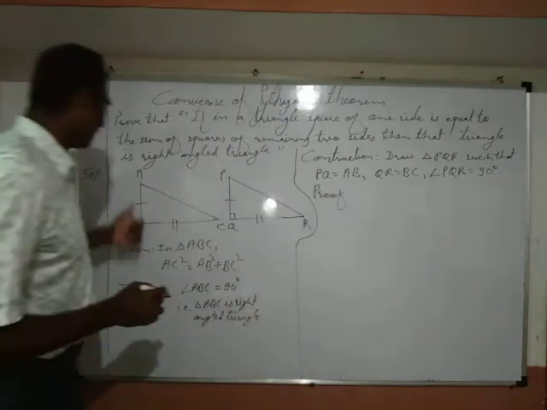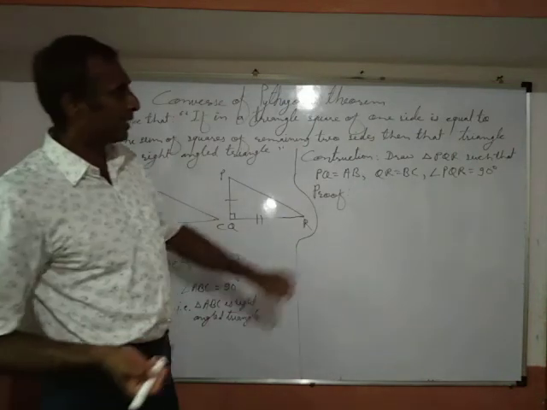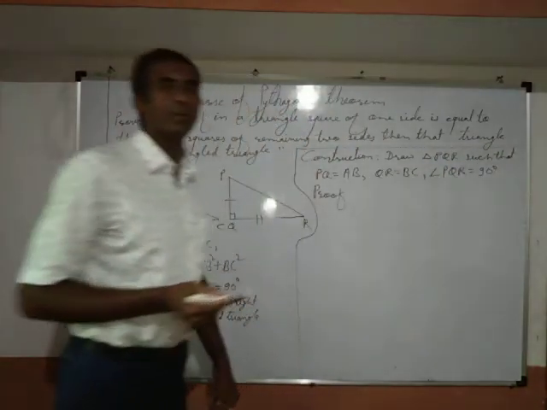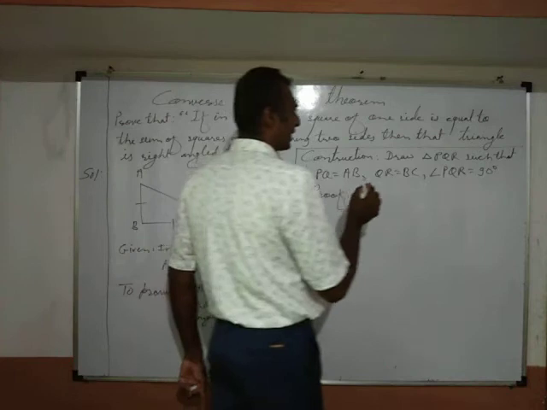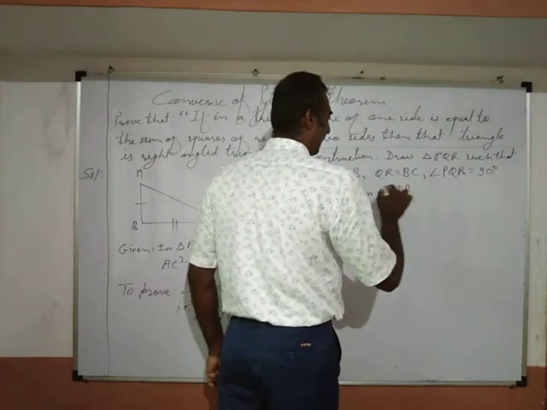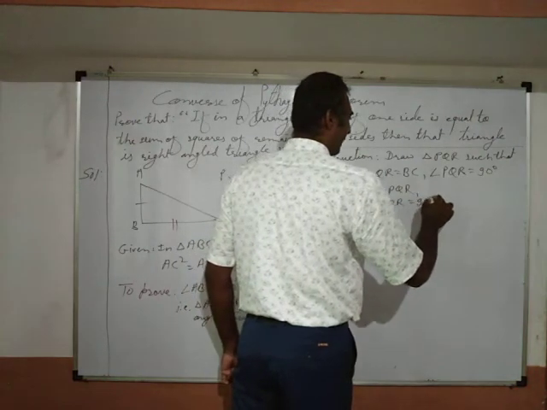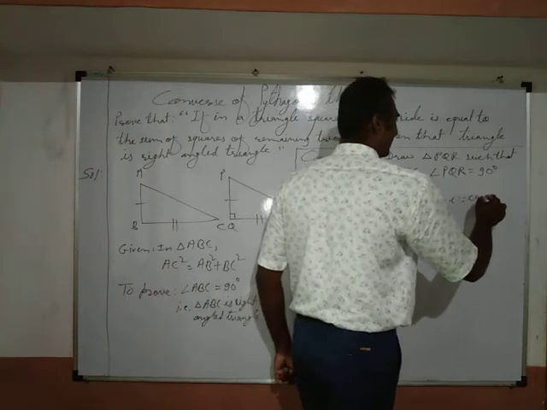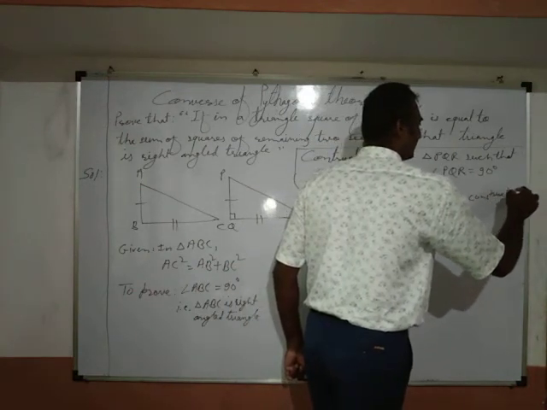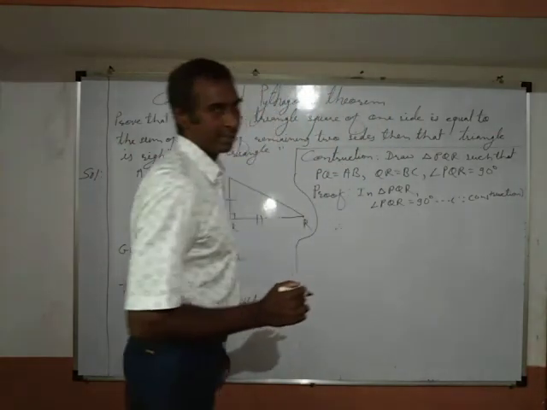We don't know whether triangle ABC is right angled or not, but triangle PQR is definitely a right angle triangle, because in the construction we have mentioned angle PQR equals 90 degrees. Let's start with that triangle PQR. In triangle PQR, angle PQR equals 90 degrees, since it is our construction. And therefore we may apply Pythagoras theorem.